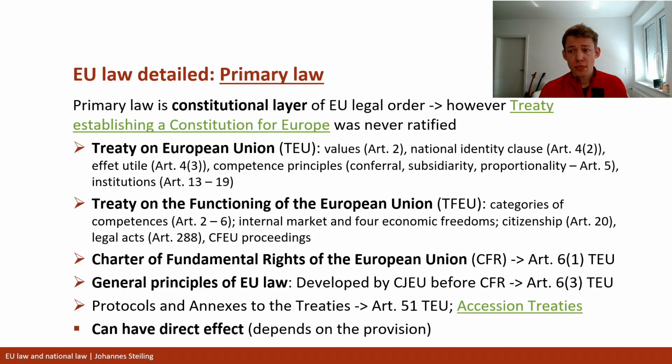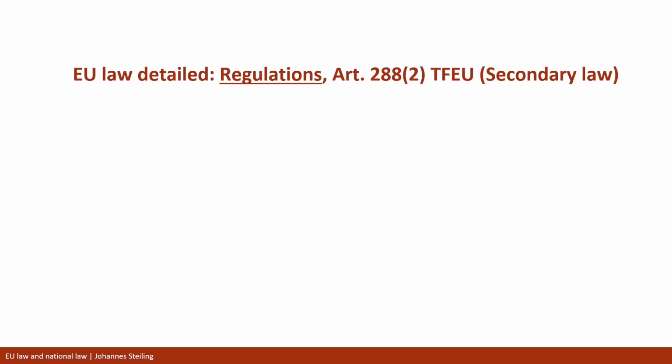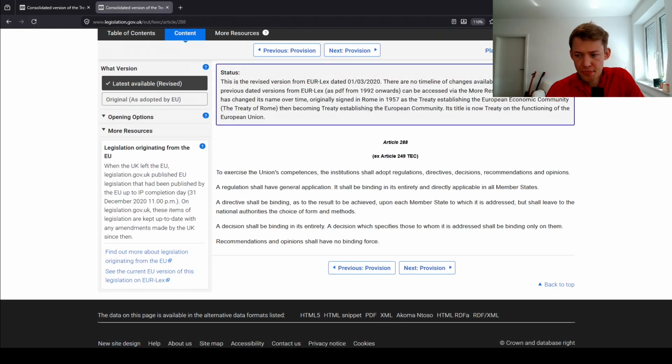Right. So now we'll look at the most important legal act of the EU, which is the regulation. So the regulation is in 288, paragraph 2 of the Treaty on the Functioning of the EU, and we'll actually for a second read what it says in that provision.